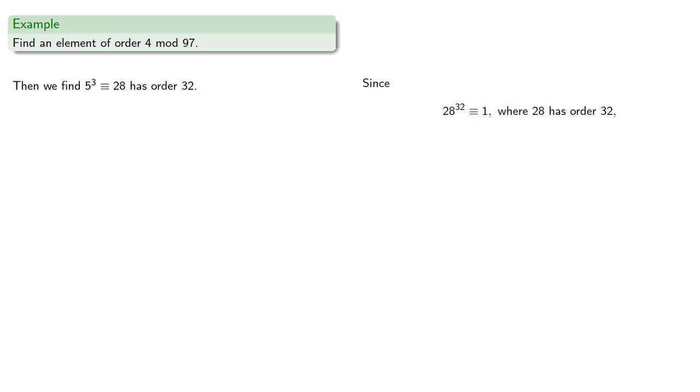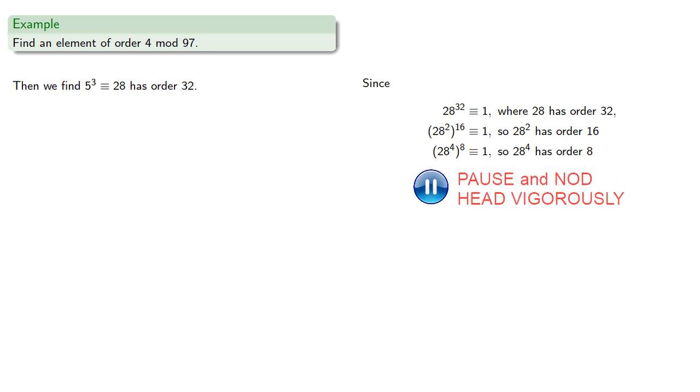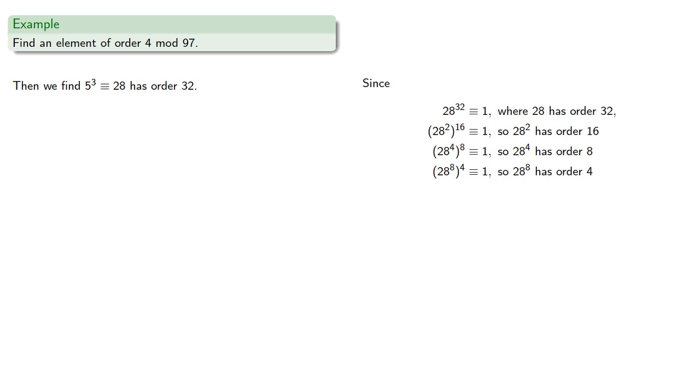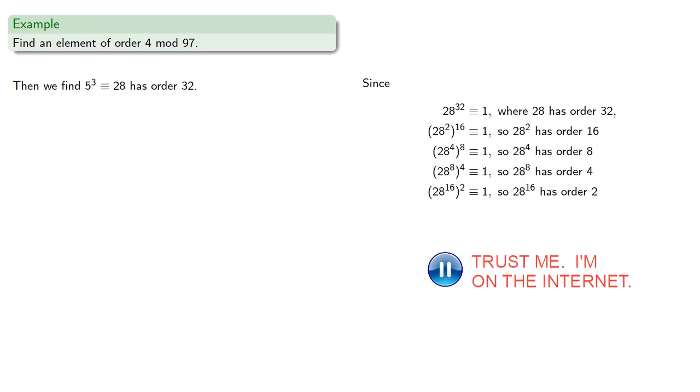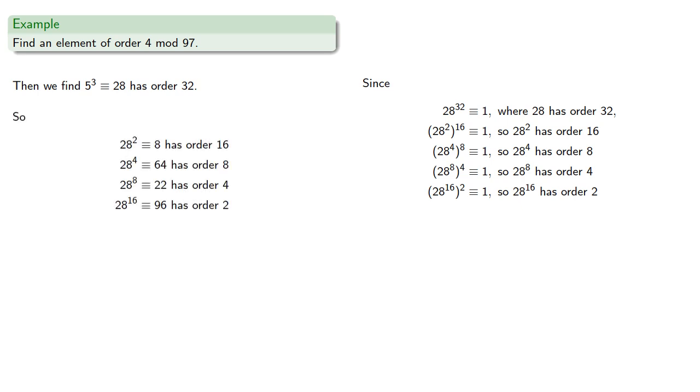We also know that 28 squared to the 16th is congruent to 1, so 28 squared has order 16. 28 to the 4th to the 8th, also 1. So that means 28 to the 4th has order 8. 28 to the 8th has order 4. And then we have 28 to the 16th has order 2. And so not only can we find an element of order 32, we can also find elements of order 16, 8, 4, and 2.